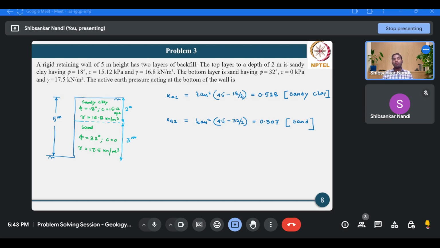So we have calculated the active earth pressure coefficients for both the layers. Now we'll proceed to the variation.